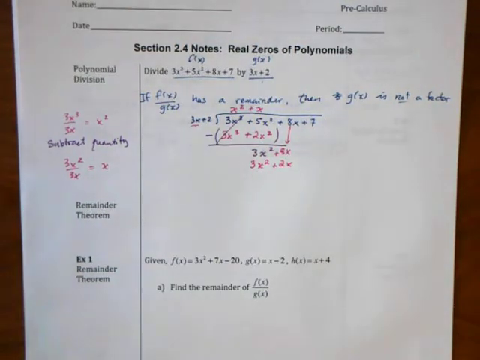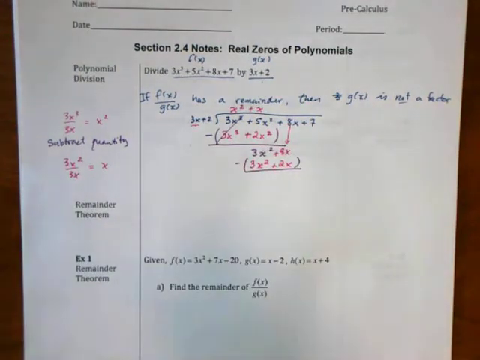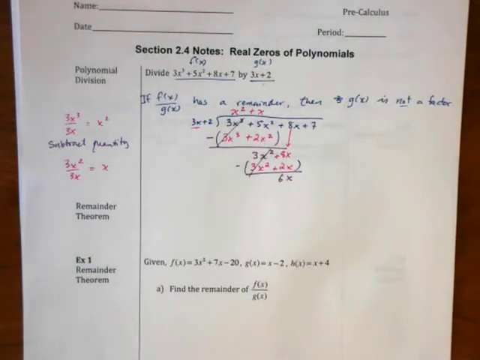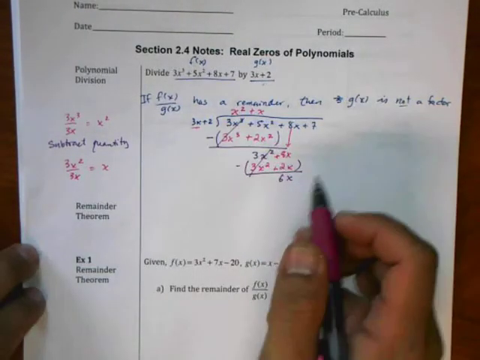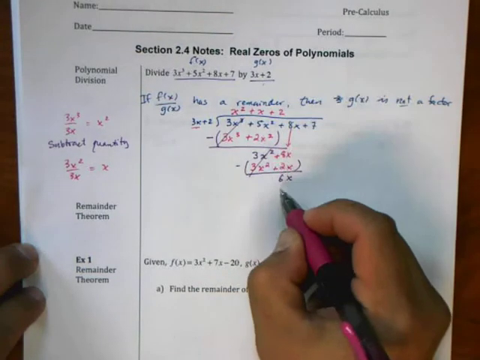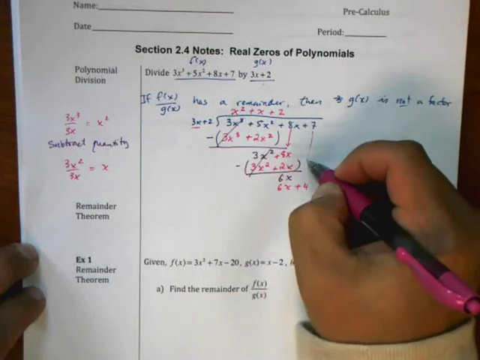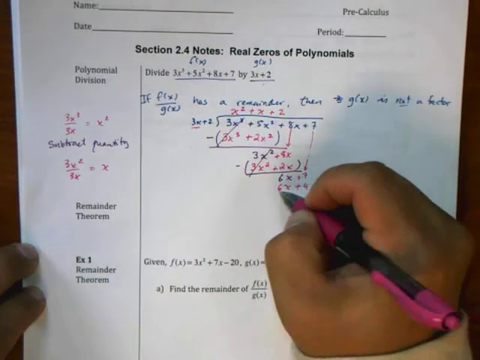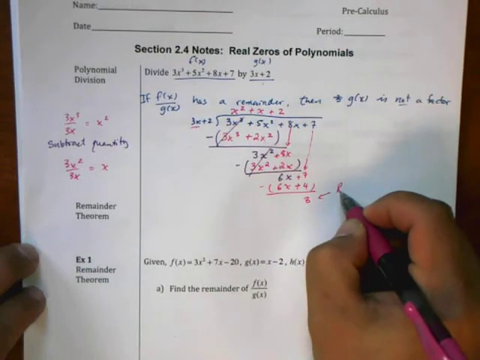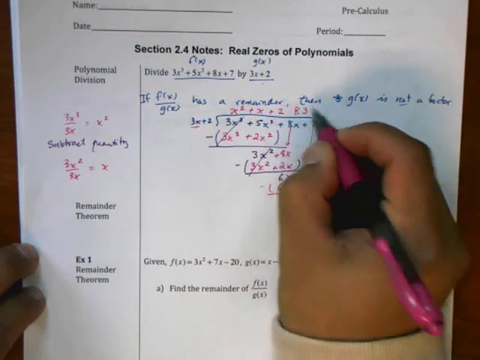Now we subtract again, and this is going to give us 6x. Divide one more time. 3x goes into 6x twice. Multiply it out, you get 6x plus 4. Bring down the 7 here. Subtract, and this gives me 3. So this is my remainder. So this is remainder 3.